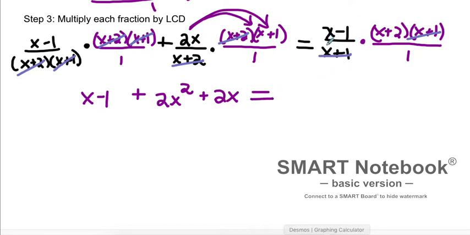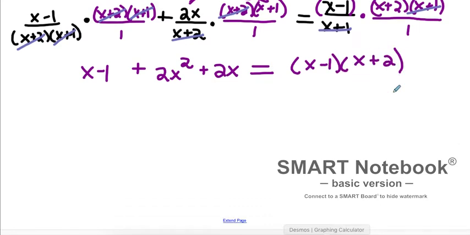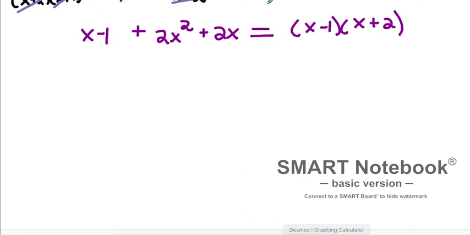Last piece: we have an x minus 1, that's a quantity, times an x plus 2. I'm going to write that out so you can see it, which means a little more work because we have to FOIL.